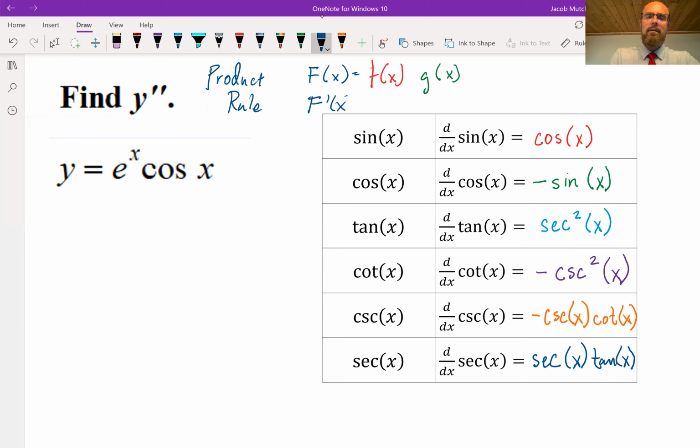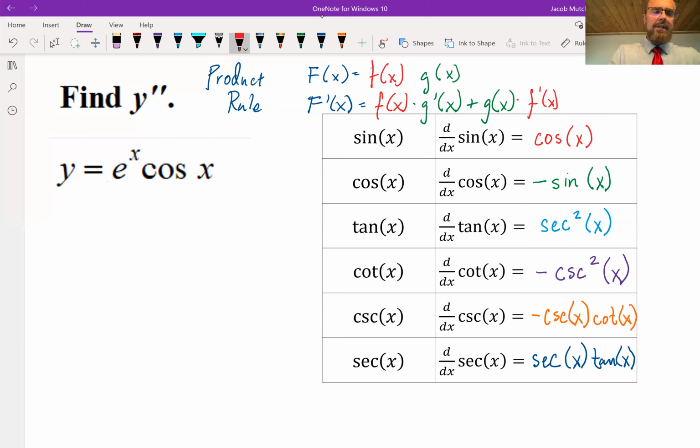The derivative of big F of x is the original small f of x times the derivative of g of x, plus original function small g of x times the derivative of little f of x. That's that pattern that we've grown accustomed to using for the product of two functions where I'm finding the derivative.